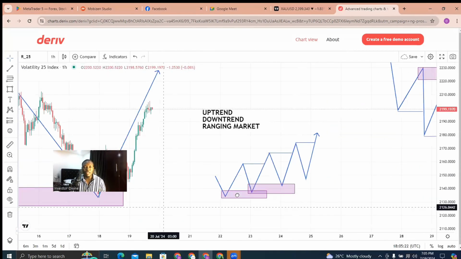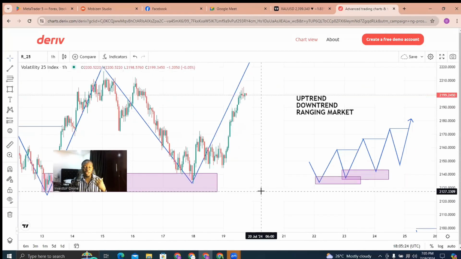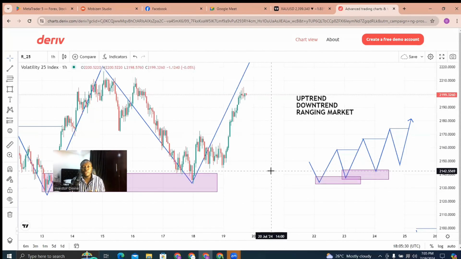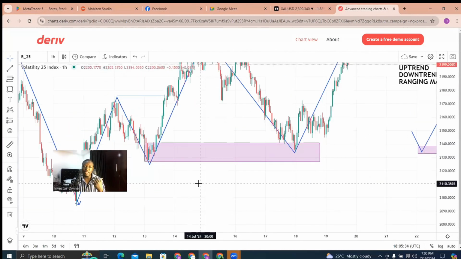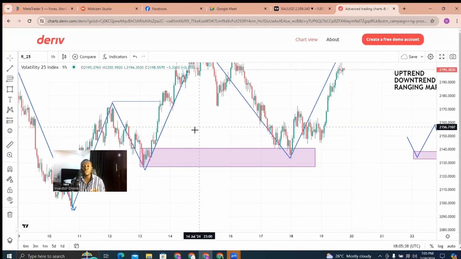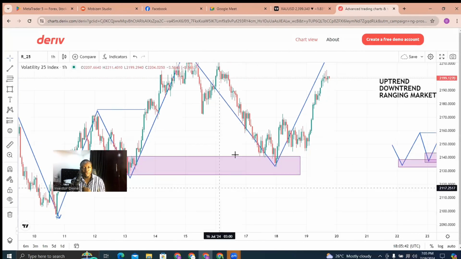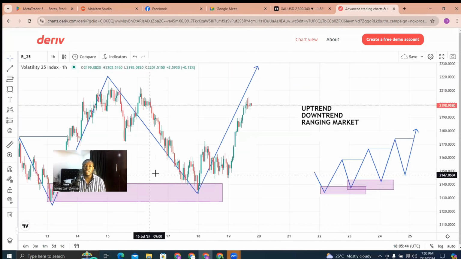Because you can see a lot of people keep making this mistake of marking out candles thinking they are marking out the right order block. Then the market will just come and break that candle and make them make losses in the market.